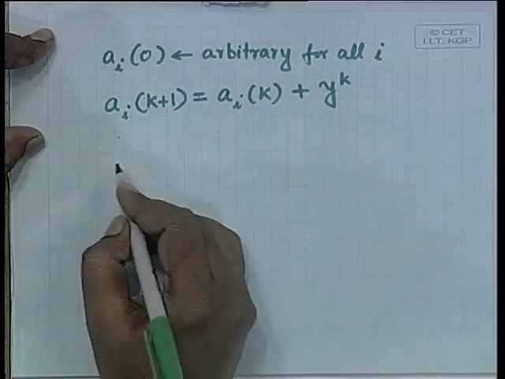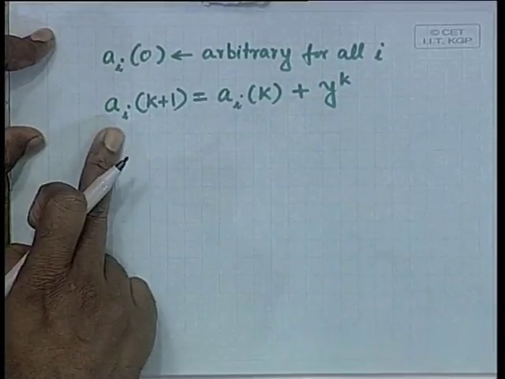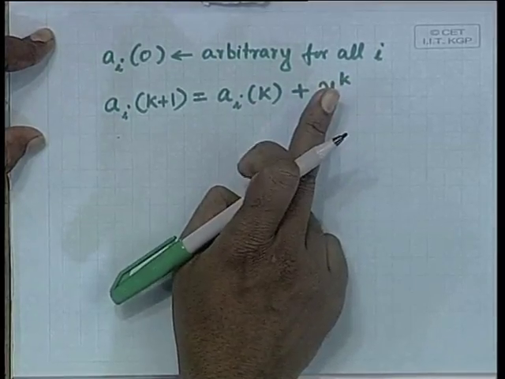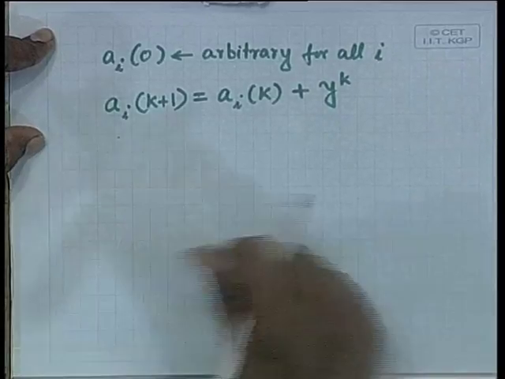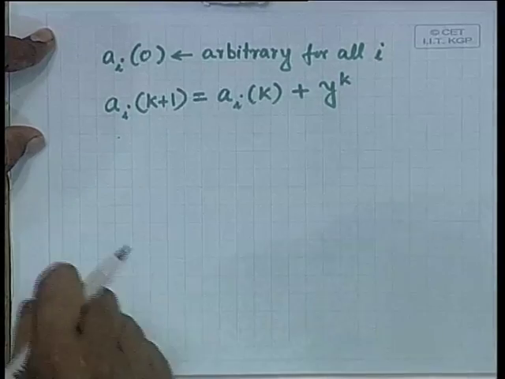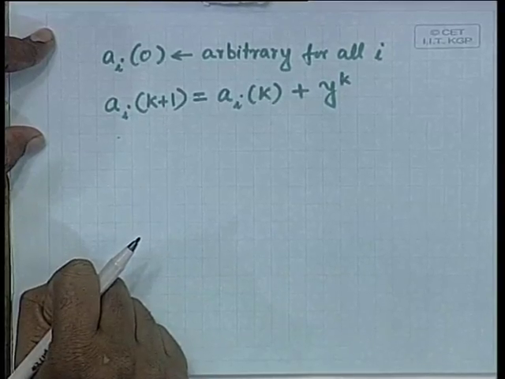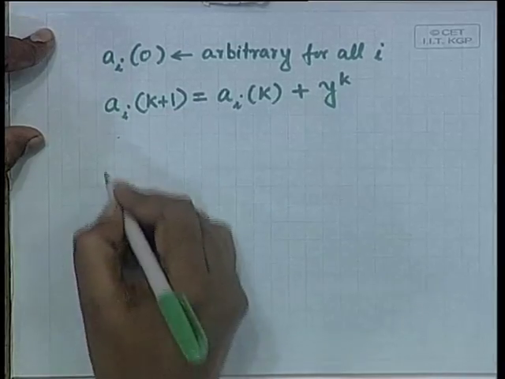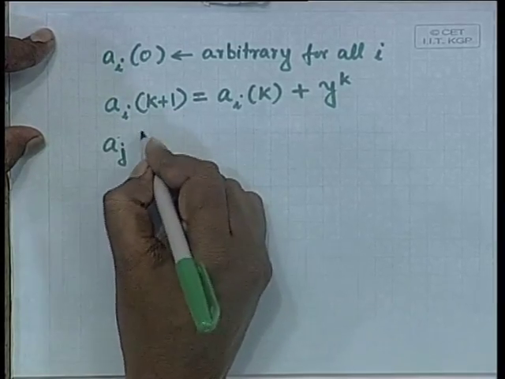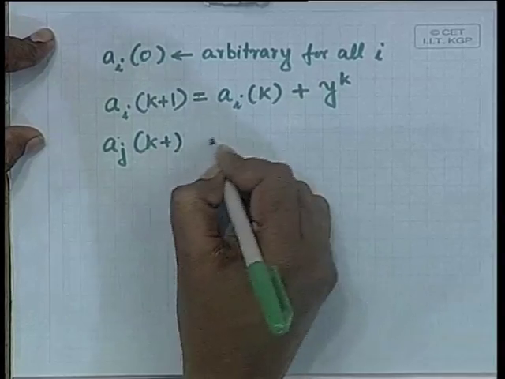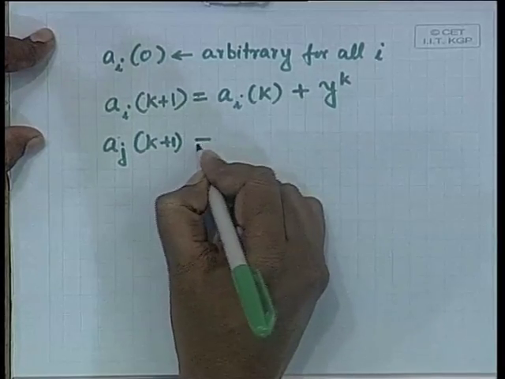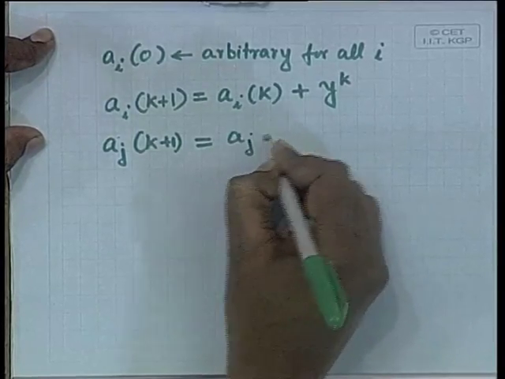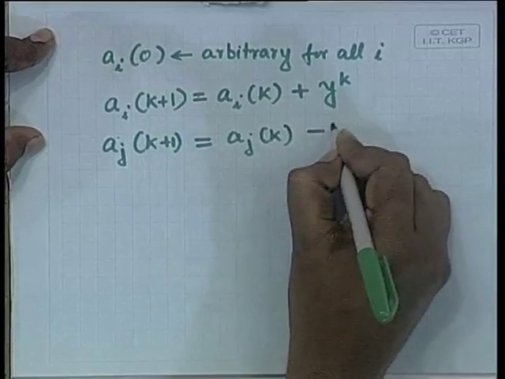This expression is the same. So, we are incrementing A i in a particular direction, A j has to be incremented in the negative direction, because we want to penalize A j, whereas we want to reward A i. And for A j k plus 1, the weight updation rule will be simply A j k minus y k.